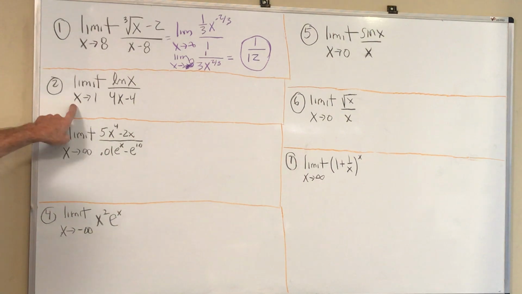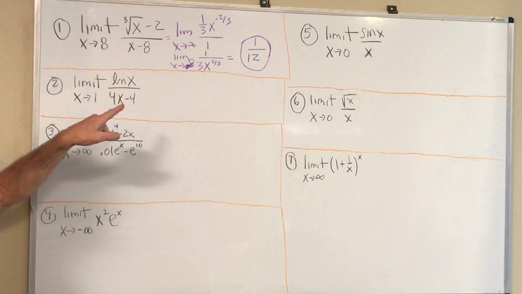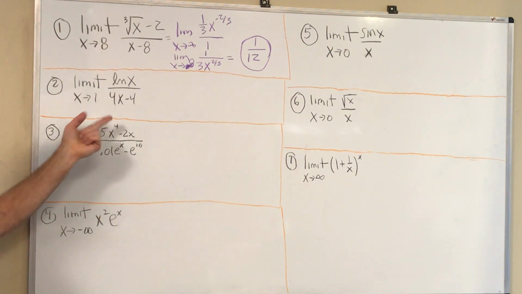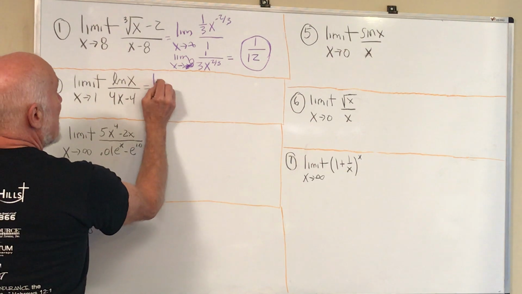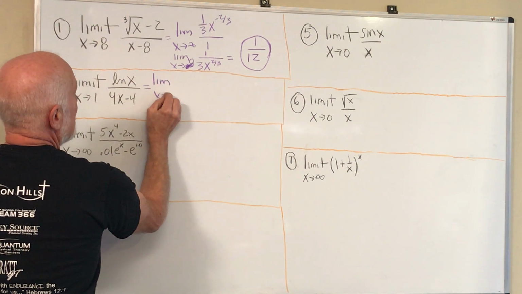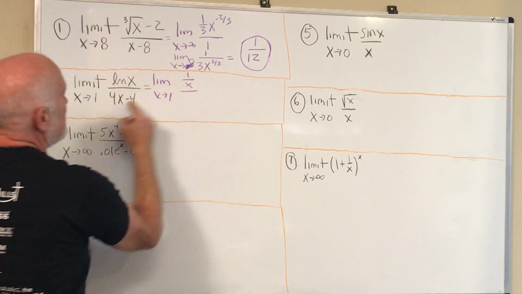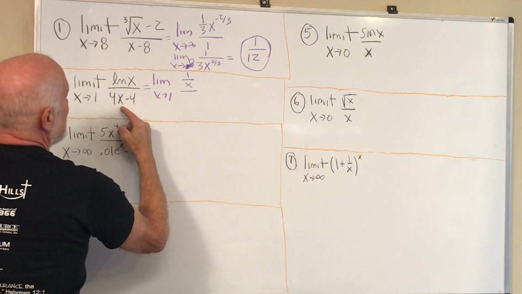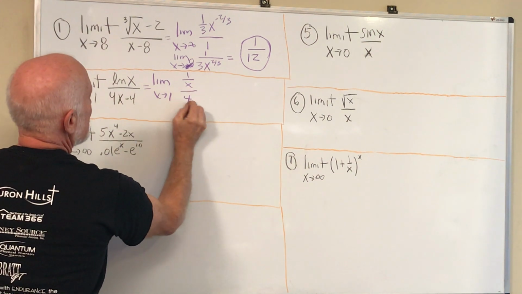Okay, next one. The natural log of 1 is 0. 4 minus 4 is 0. L'Hopital. And I get 1 over x divided by 4.